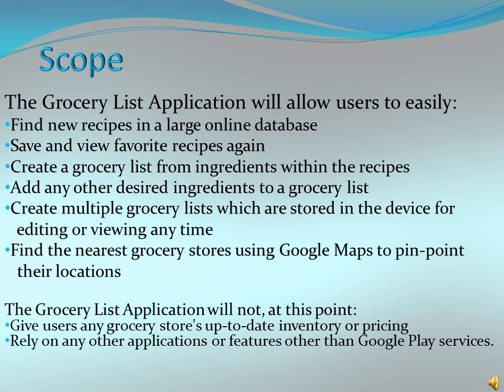The grocery list application will not, at this point, give users any grocery store's up-to-date inventory or pricing, or rely on any other applications or features other than the Google Play services.